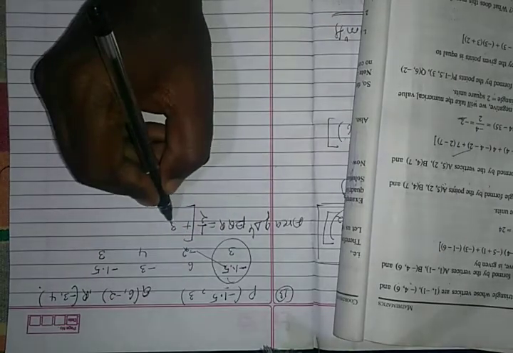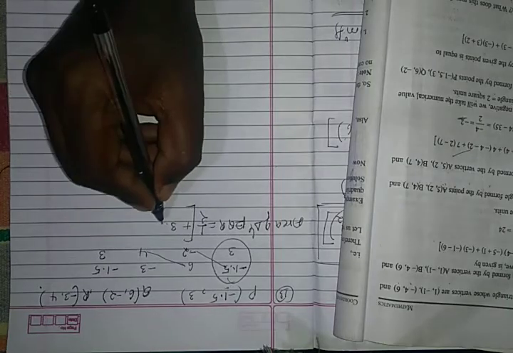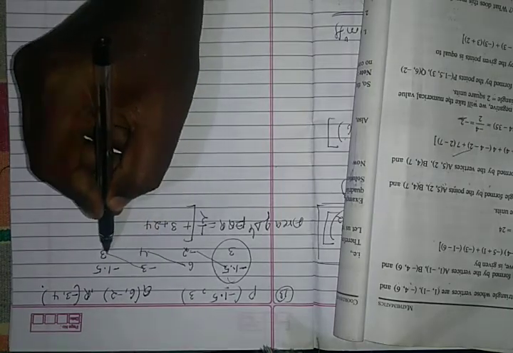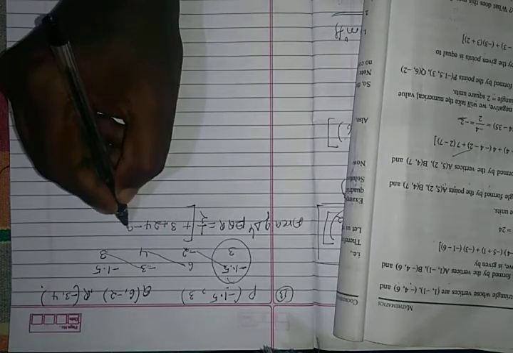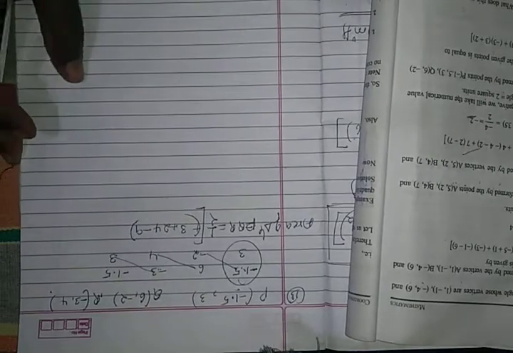So that is 3. And then 6 4s are 24, both are plus, so 24. See, 3 3s are 9, so minus into plus is minus 9. So the first cross multiplication is completed.